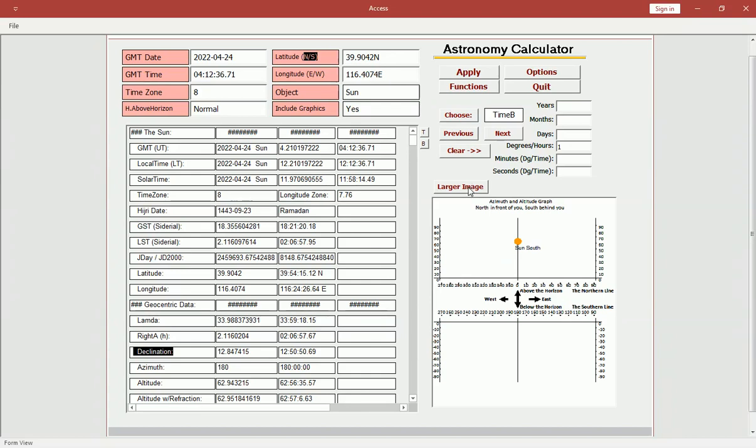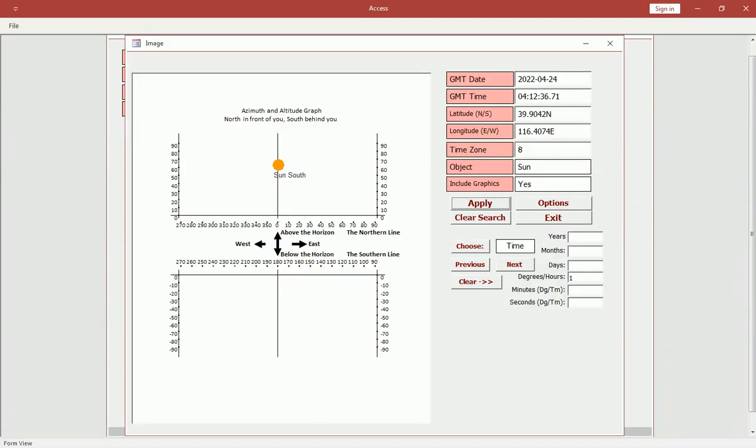Let's have the larger image. We spoke about the altitude. What about the azimuth? What is the azimuth? Suppose you are facing the object and this is your direction to the object. Then the azimuth is the angle from north clockwise to your direction.